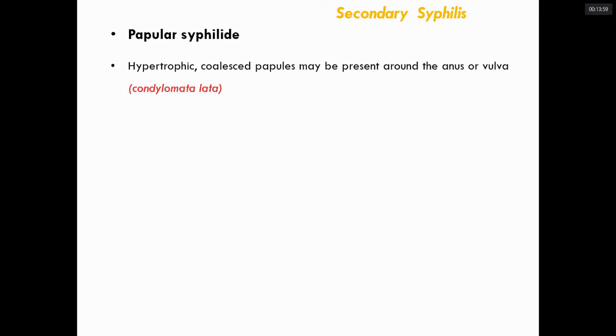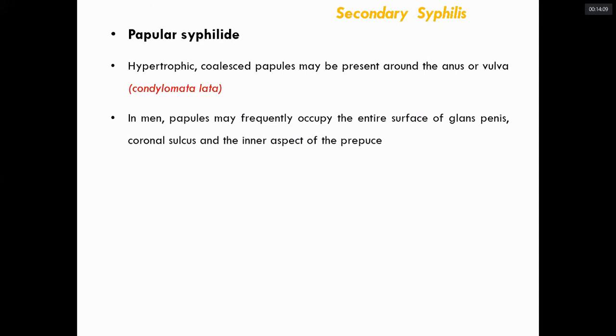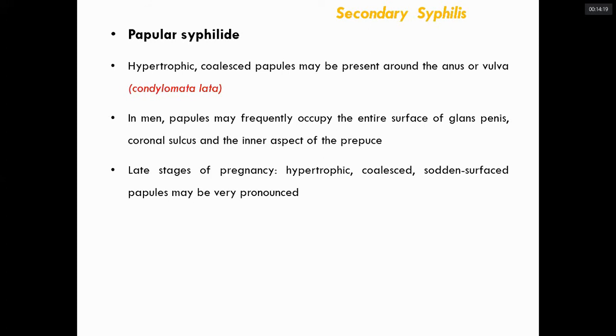And sometimes condyloma lata are also seen. Condyloma lata are the hypertrophic coalesced papules which are present around the anus or vulva. And in men, they can be seen in the glans penis, coronal sulcus, and inner aspect of the prepuce also. And in late stages of pregnancy, hypertrophic coalesced papules may be very pronounced.